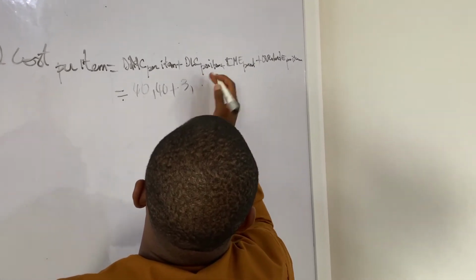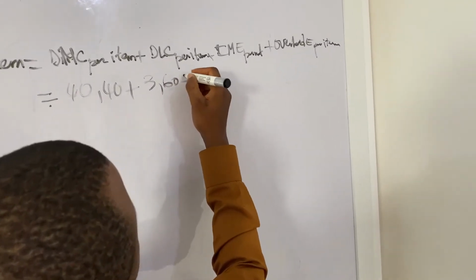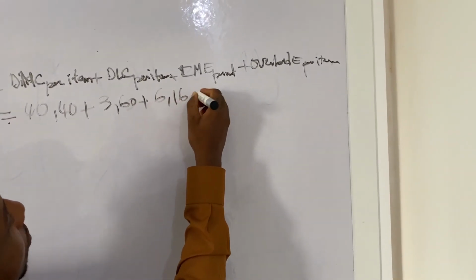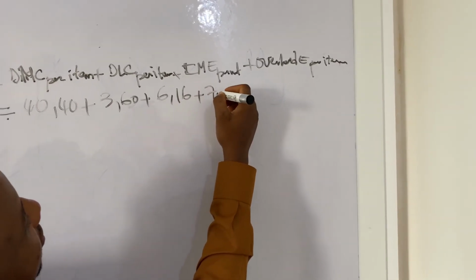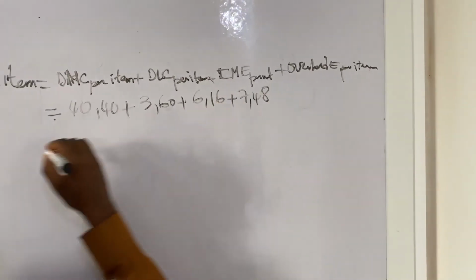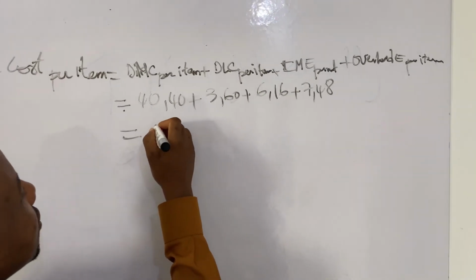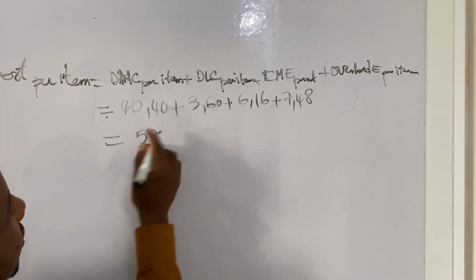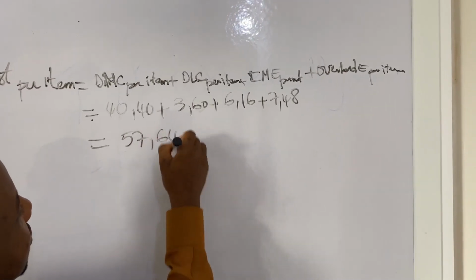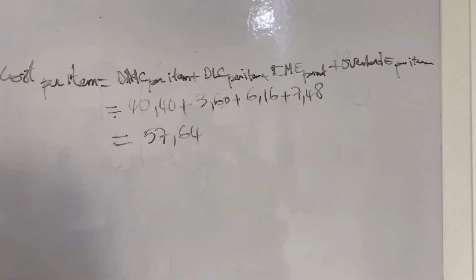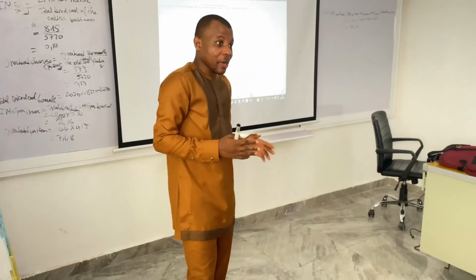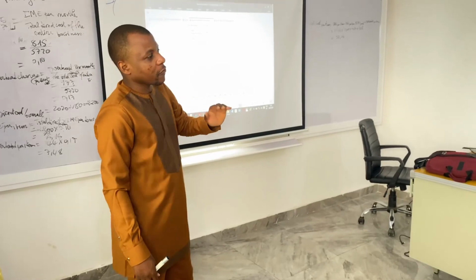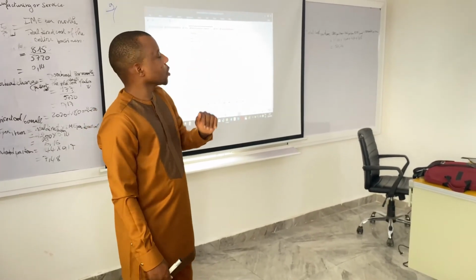Or 3.6 plus 6.16 plus 7.48, right? Yeah. So 57.64. 57.64, right?